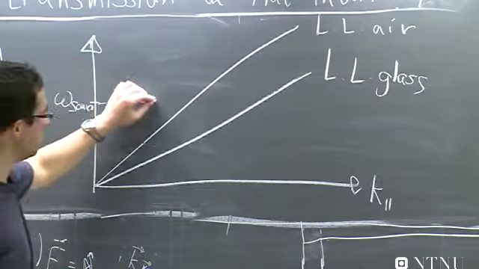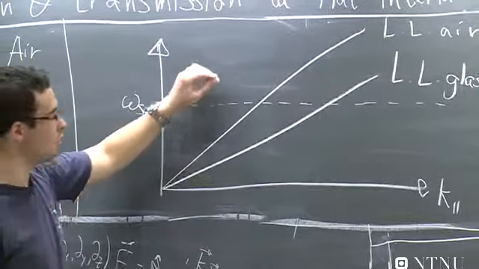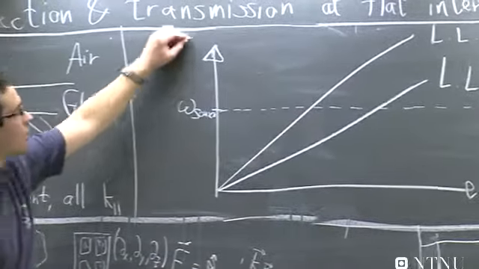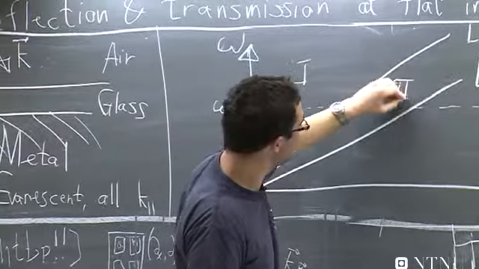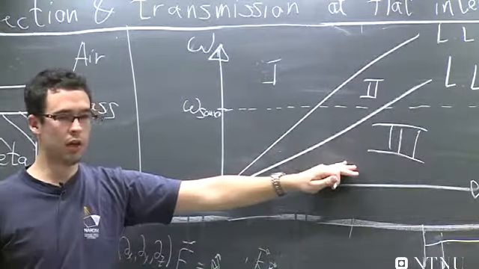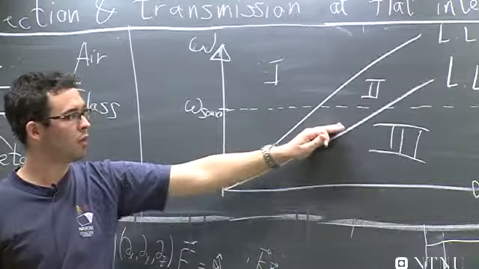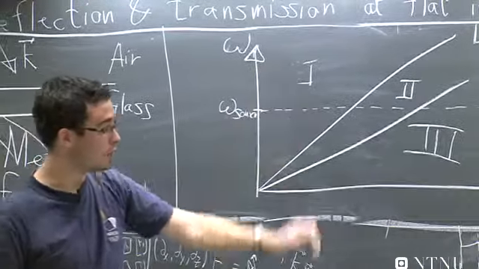This is the source frequency. And we now have three regions in the K parallel omega plane. And that's to the right of the glass light line, between the air and the glass light line, and to the left of both light lines.